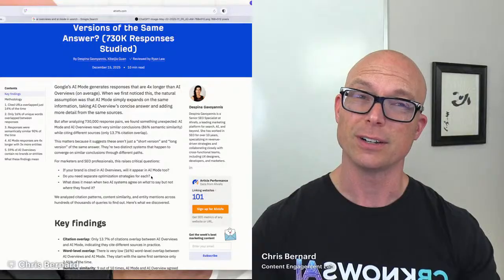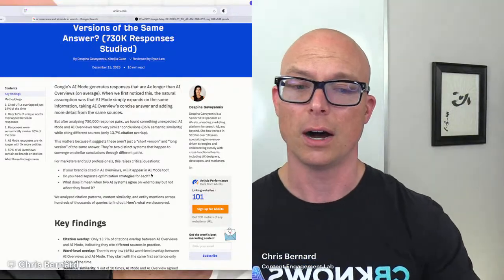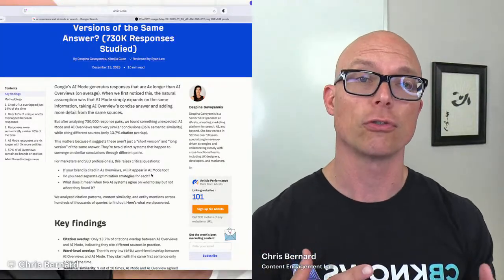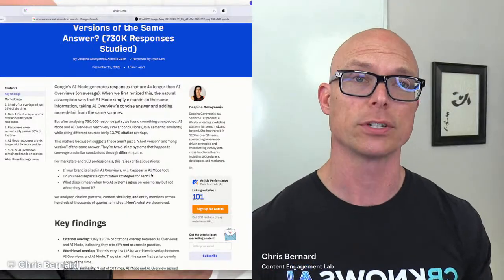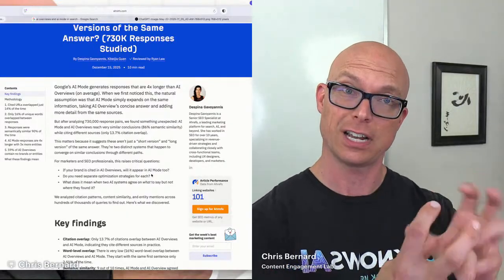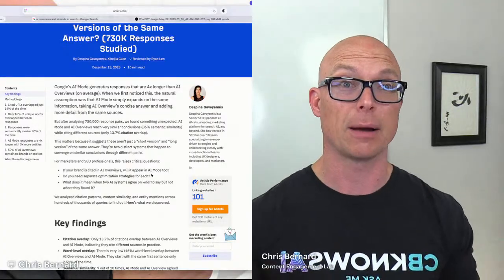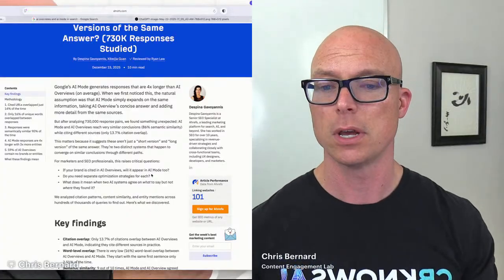No, actually, it's not always guaranteed. According to this article, there is a strong similarity between the two, right? 89% of content actually overlaps, but that leaves 11% that isn't. They're actually coming from two different perspectives in terms of algorithms.